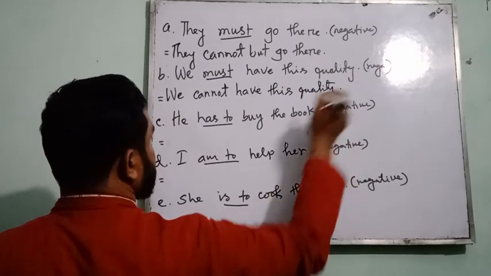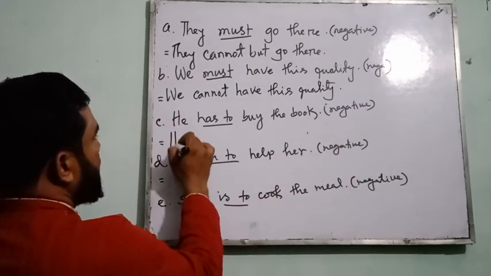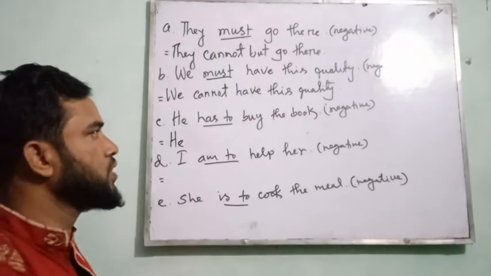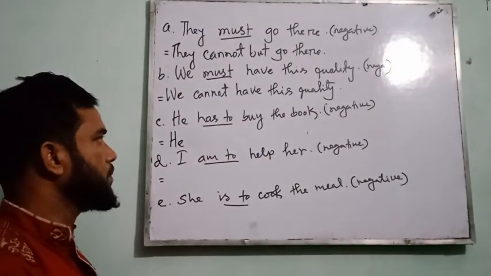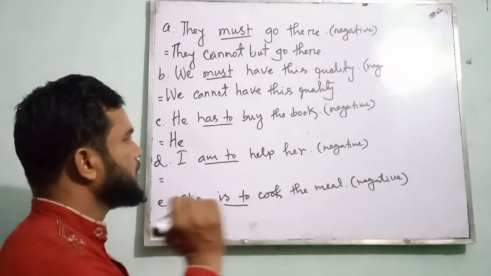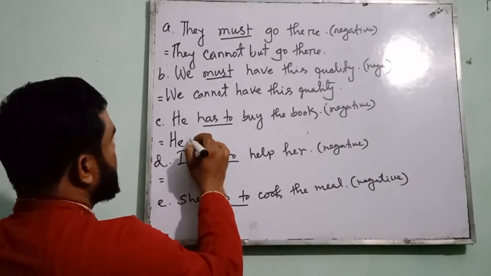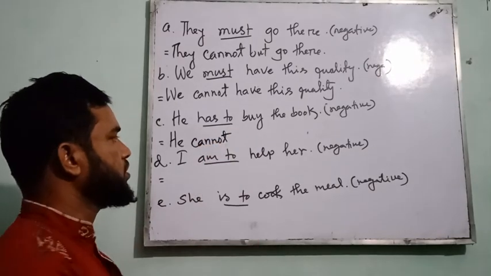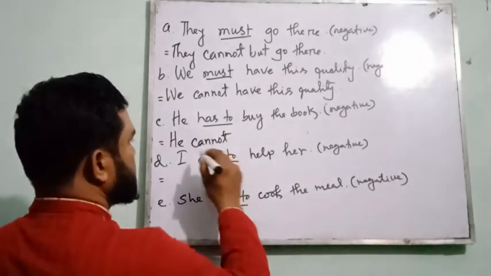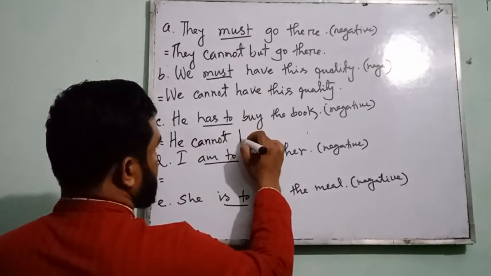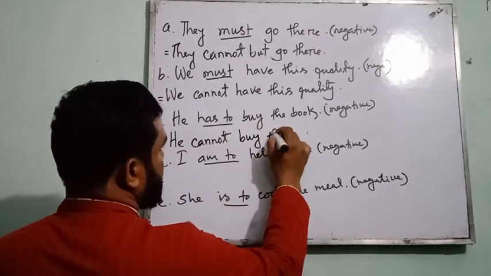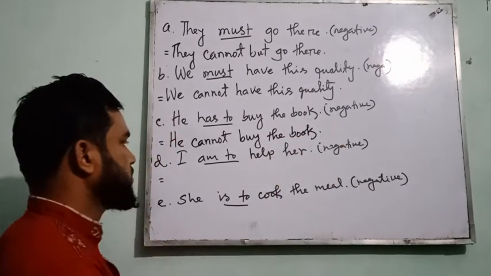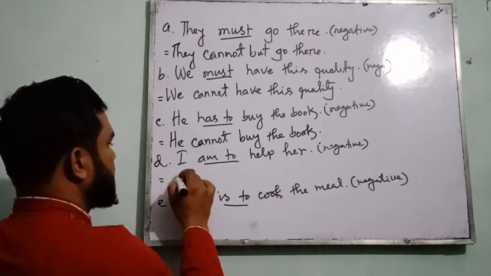He has to buy the book. As the word has to also means compulsion or obligation to do something, we can use the same phrase, cannot but. He cannot but buy the book. Okay. Next, I am to help her.